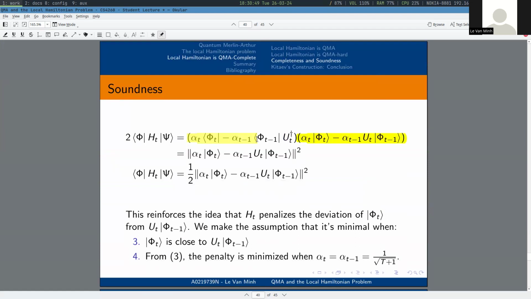And very luckily for us, these two terms are conjugate transpose of each other, so that we get the final result as a norm square.